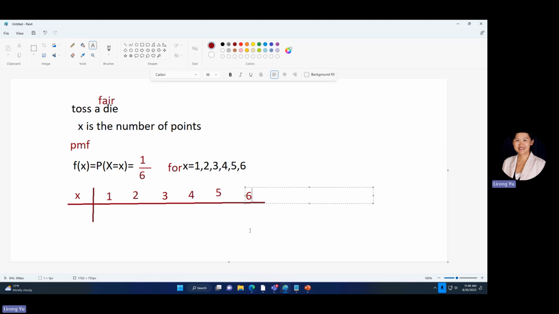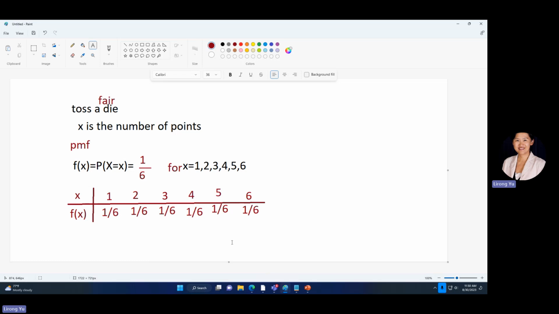If it's uniform, if it's a fair die, then the probability mass function is 1/6 for each one of these. Of course, if the die is not fair, then some of these values may not be exactly 1/6. But you can see that the function notation has the same meaning as this.